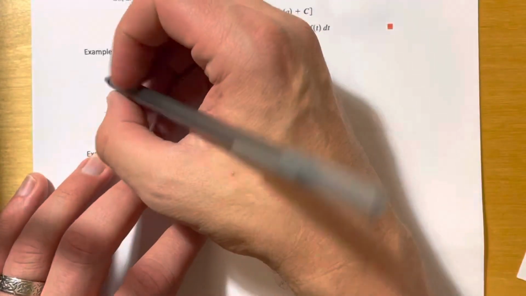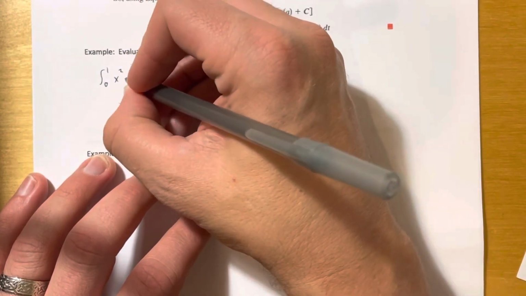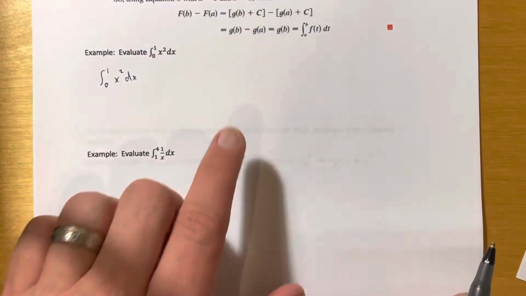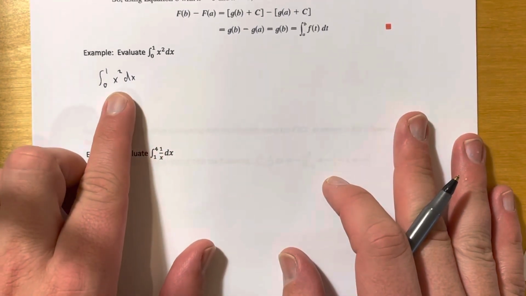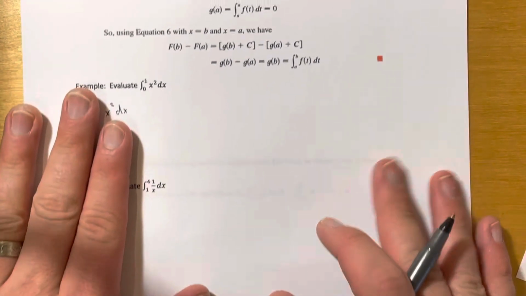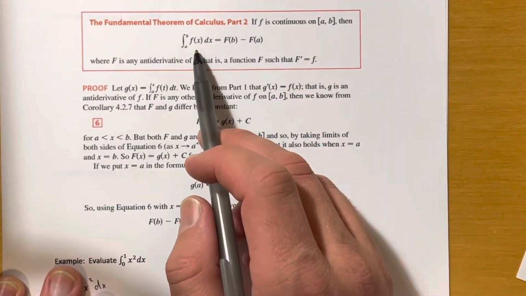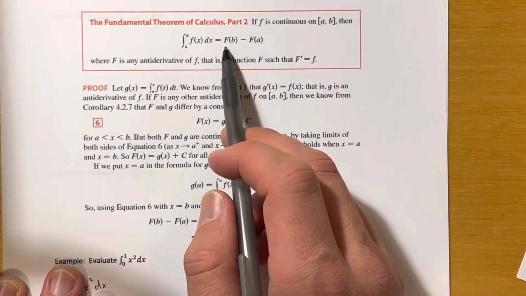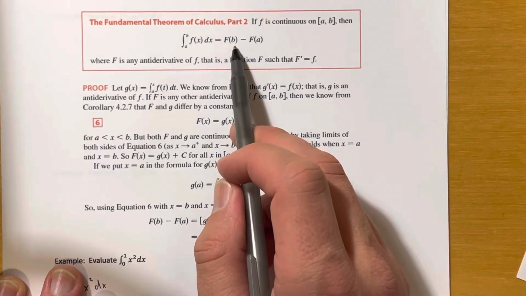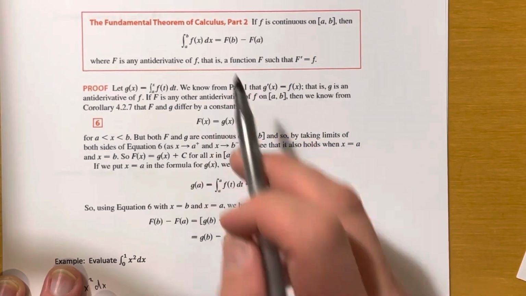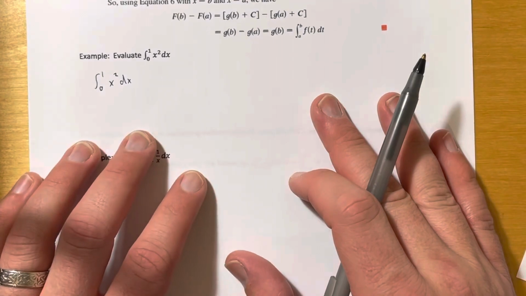So how do we evaluate this? The integral from 0 to 1 of x squared dx. Well, the key is to find an antiderivative for this integrand, x squared. Remember, it says here, if little f is the integrand, then big F is an antiderivative of that, and the difference between big F of b and big F of a is how I evaluate my integral there.